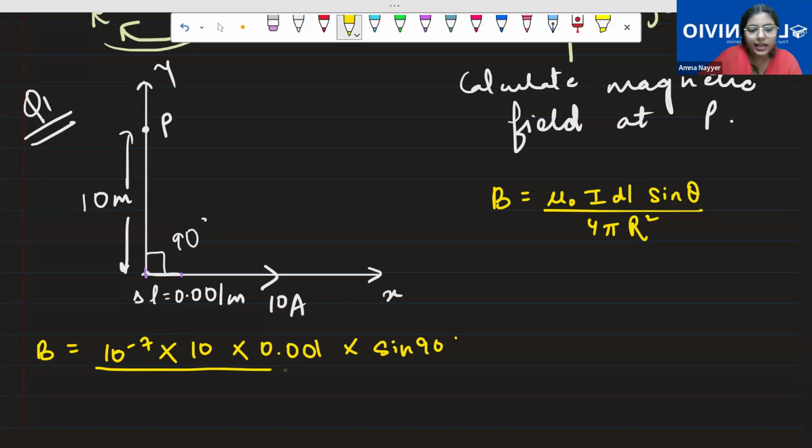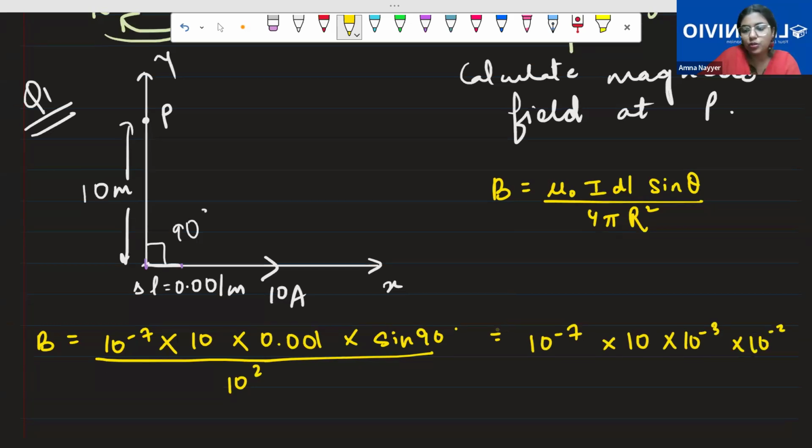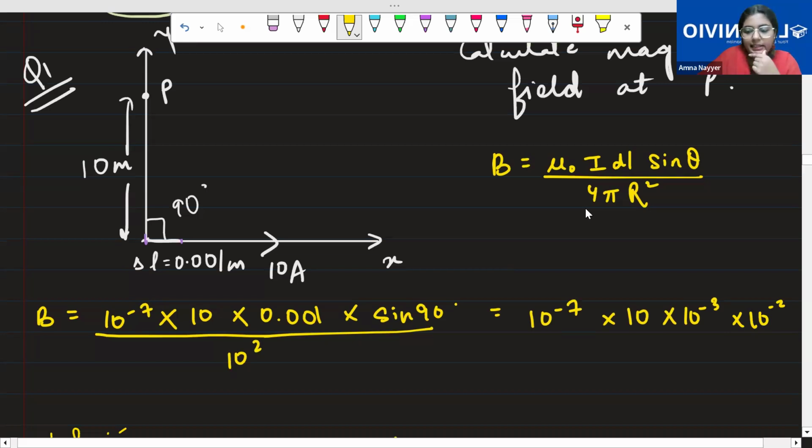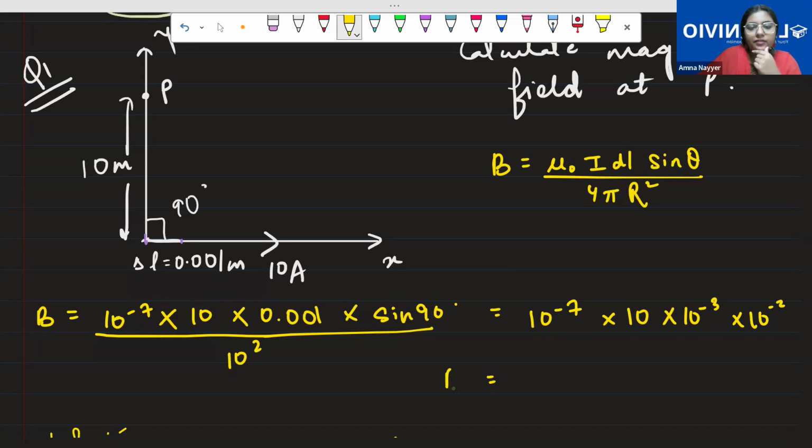Divided by 4 pi, which we already considered under the mu naught part. And then r square is there, that is 10 whole square. So we'll be left with 10 to the power minus 7 into 10 into 10 to the power minus 3 into 10 to the power minus 2. So what do we get? Minus 10, minus 12, minus 11. So the magnetic field will basically be 10 to the power minus 11.